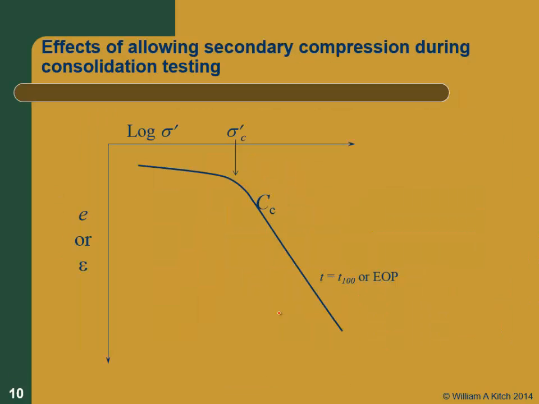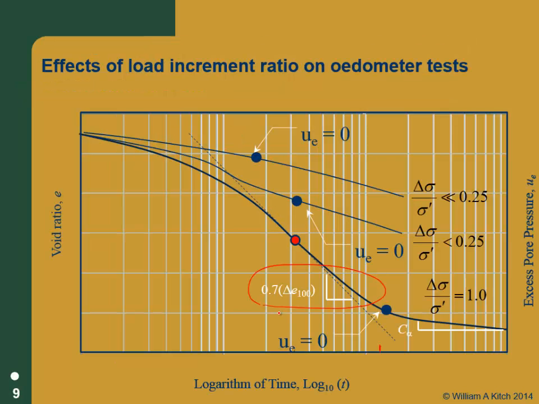So you've got to get a load that gives you a delta E that's big enough to get to that inflection point, or else you're never going to see it, and the secondary is going to take over.